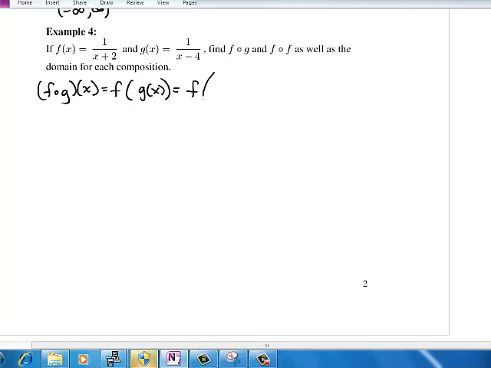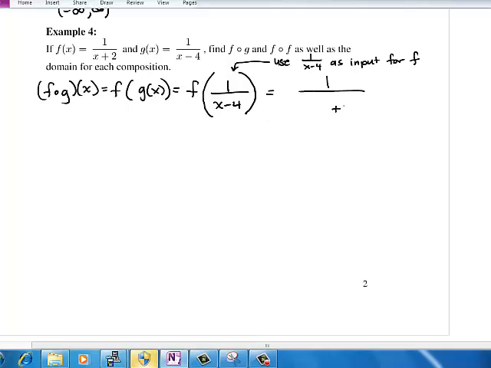Leave f as it is, replace g with its pattern, which is 1 over x minus 4. And so this is saying use 1 over x minus 4 as the input for f. So we take the structure of f, which is 1 over the input plus 2, and replace the input with 1 over x minus 4.